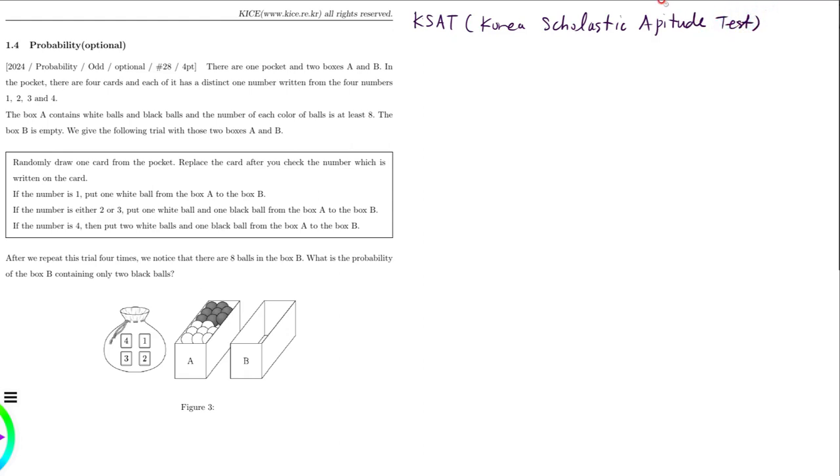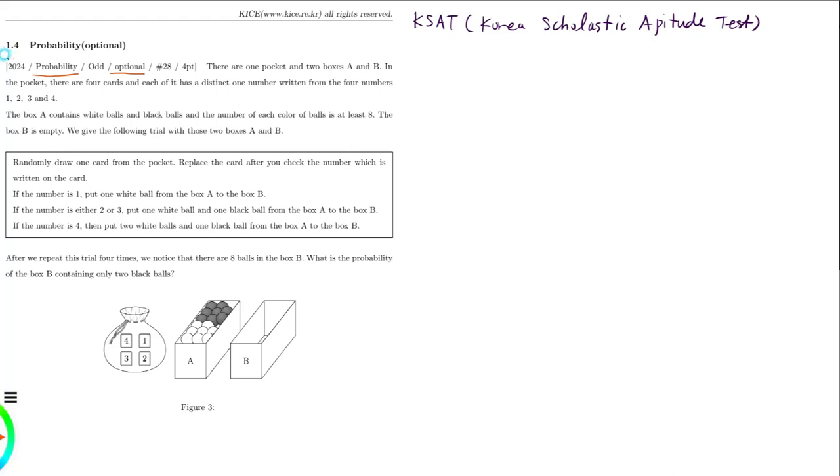This is a test for students who want to be admitted to university in Korea. On this problem, I want to deal with the math problem, the optional probability problem.